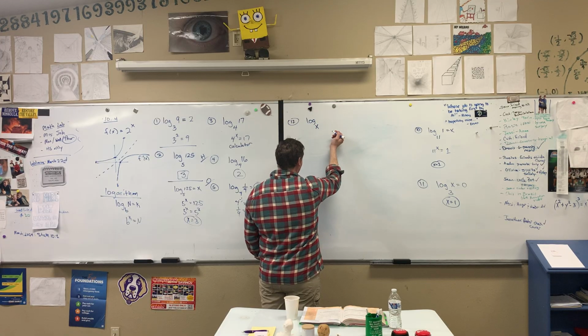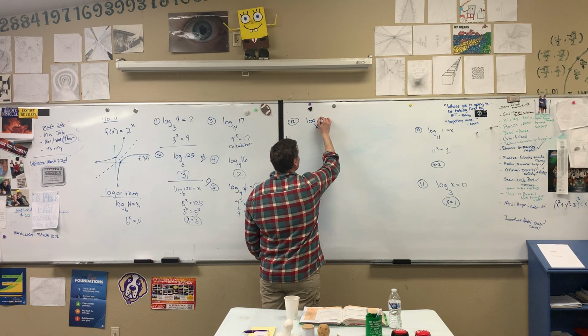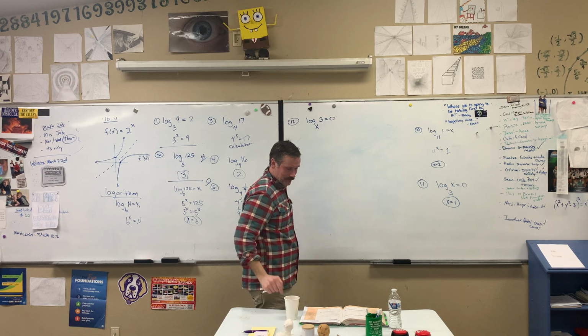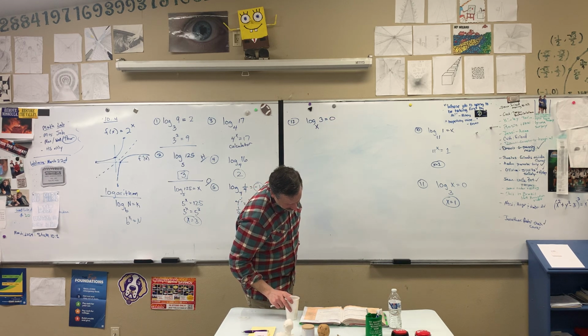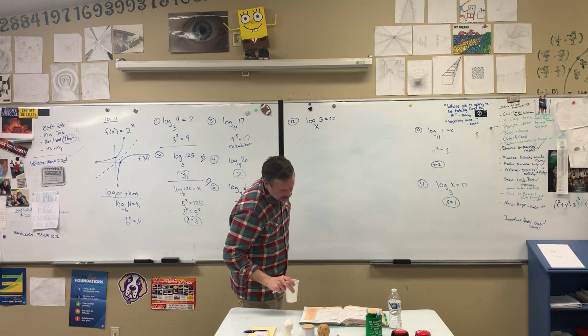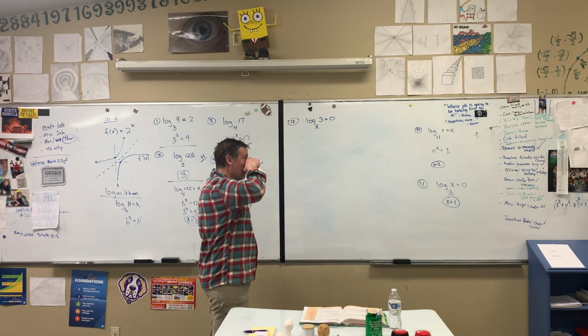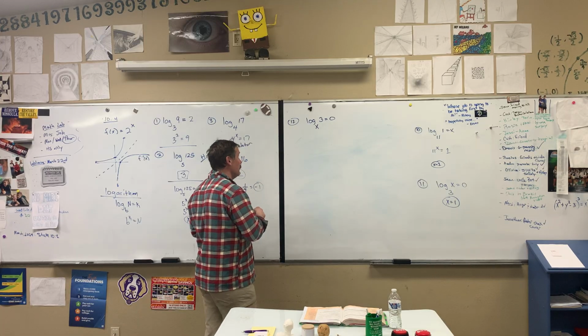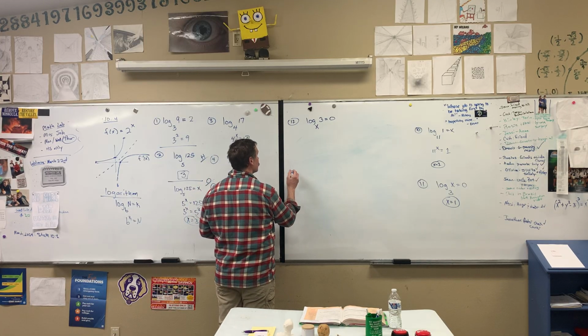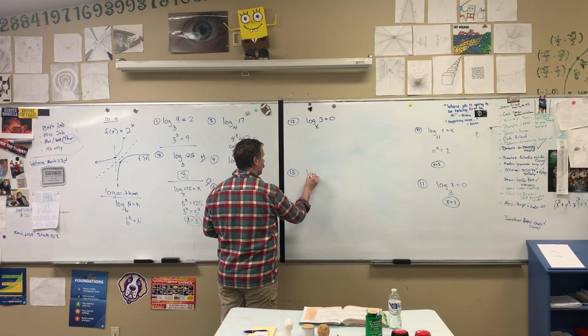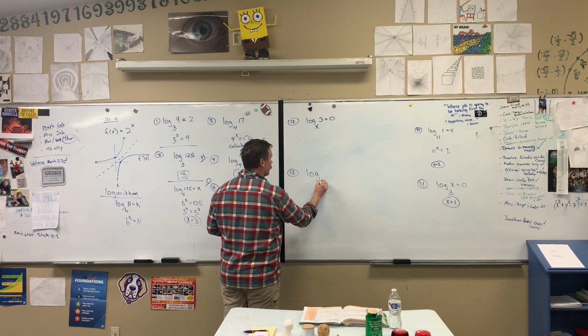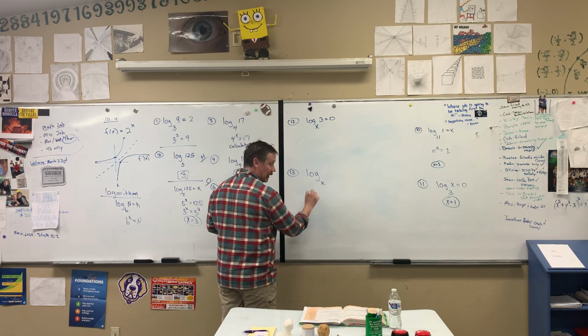Log base x, so we don't know the base, of 3 is equal to 0. That's actually what I was originally thinking. And then with that, let's go log base x.